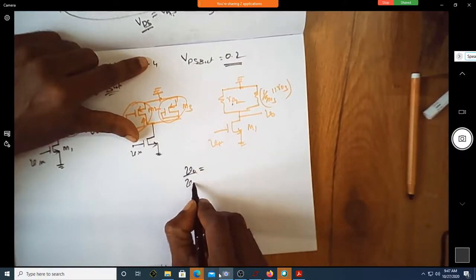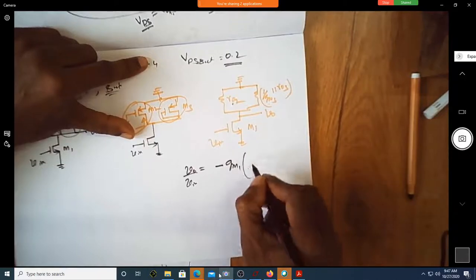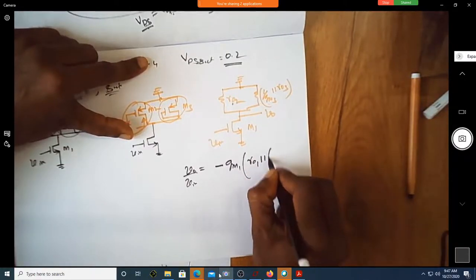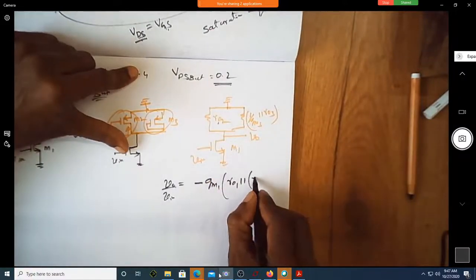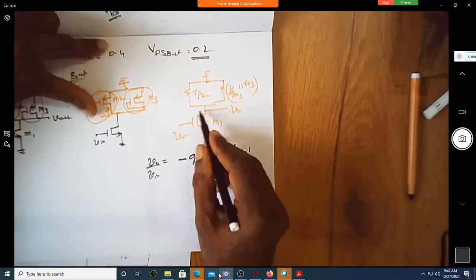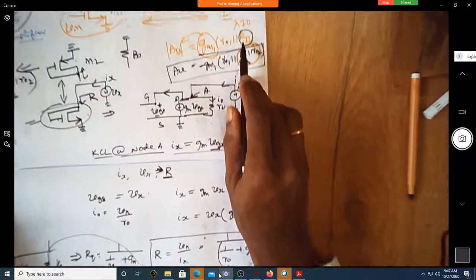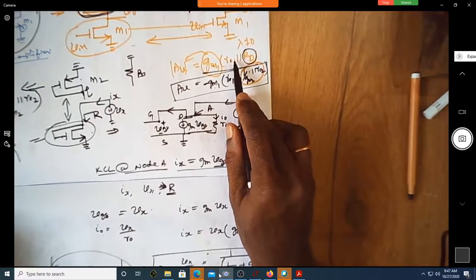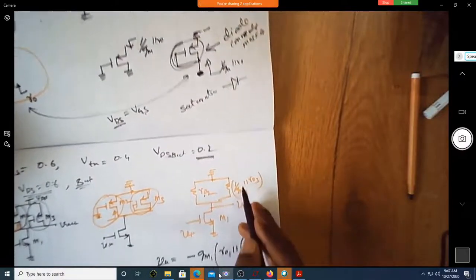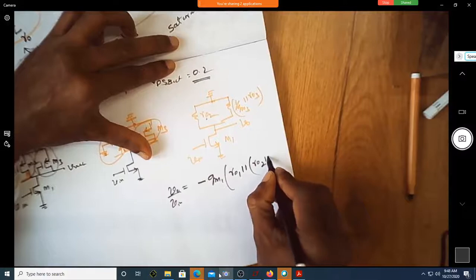V0 by V in is equal to minus gm1 into r01 parallel with r02. Here in the earlier case, was it not r01 in parallel with RD? Now this RD is r02 in parallel with 1 over gm3 in parallel with r03.